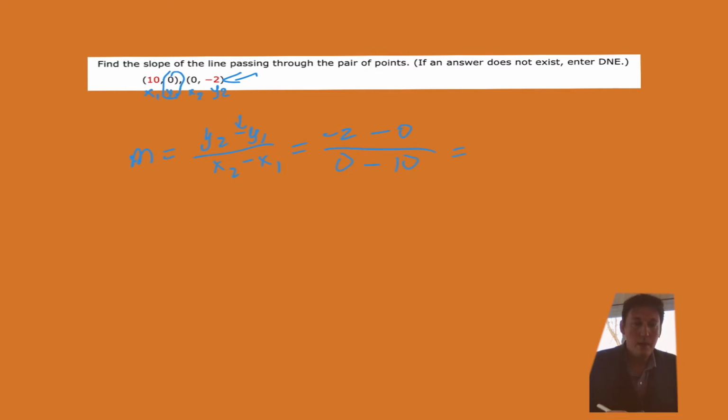Now, negative 2 minus 0 is obviously negative 2. 0 minus 10 is negative 10. 2 negatives divided by each other make a positive. So this will be 2 tenths, and now we can clearly reduce by 2. So 2 divided by 2 is 1. 10 divided by 2 is 5. Therefore, the slope in between those 2 points is positive 1/5.